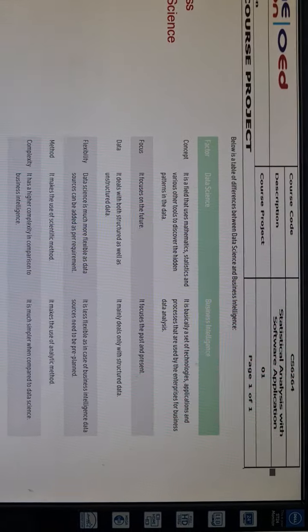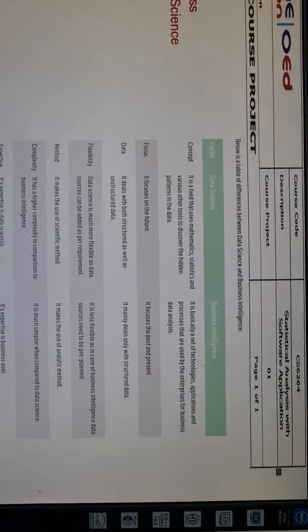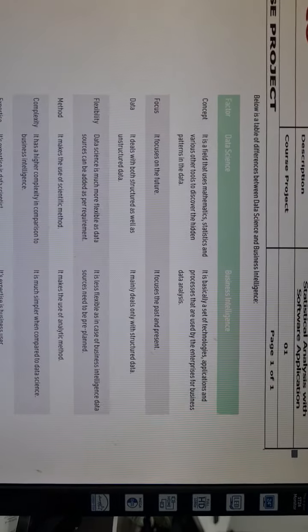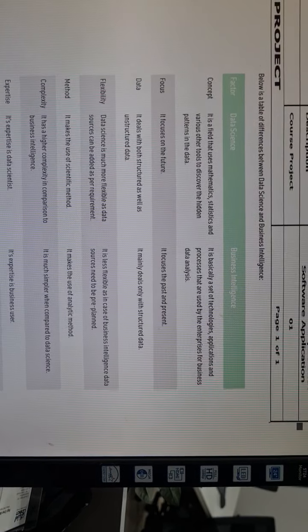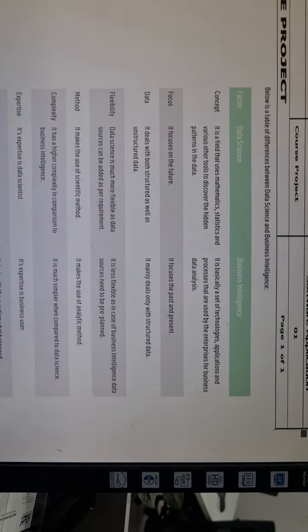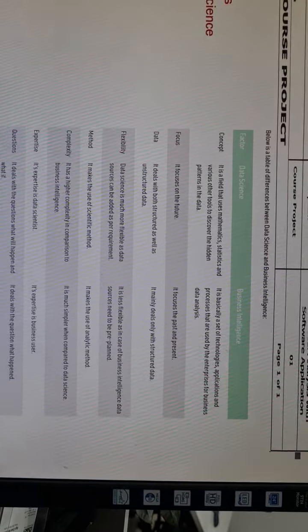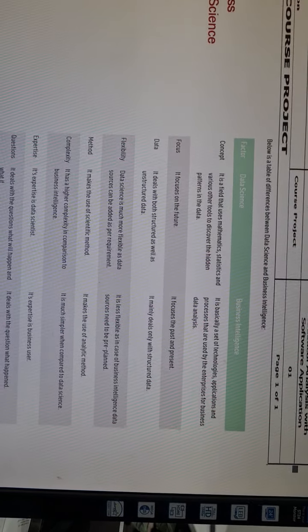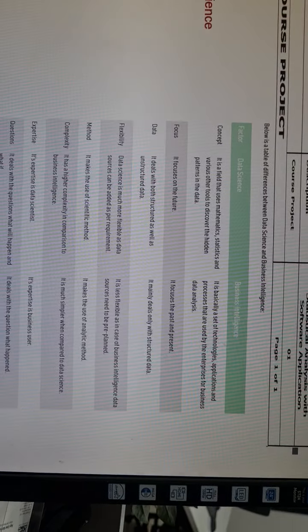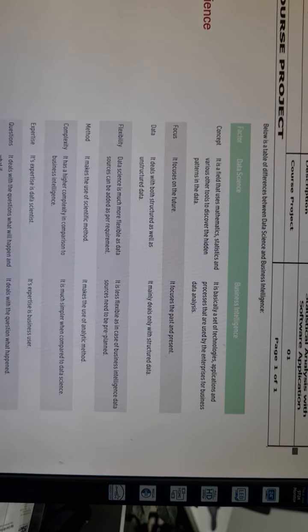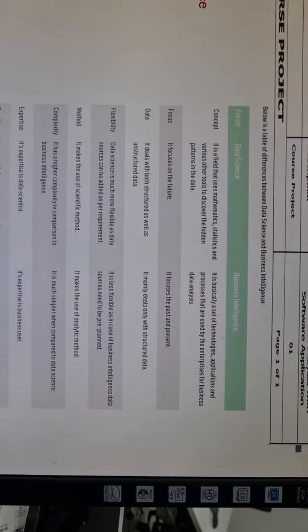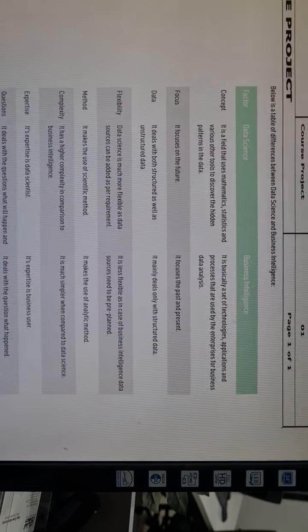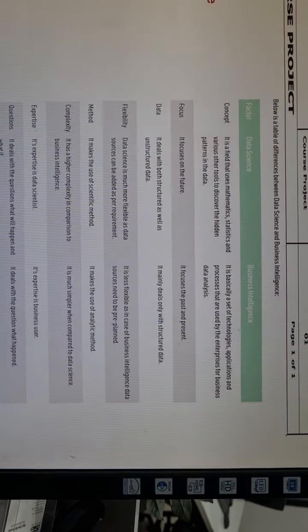For the data, the difference is that data science deals with both structured as well as unstructured data, while business intelligence mainly deals only with structured data. On flexibility, data science is much more flexible as data sources can be added as per requirement, while business intelligence is less flexible as data sources need to be pre-planned.